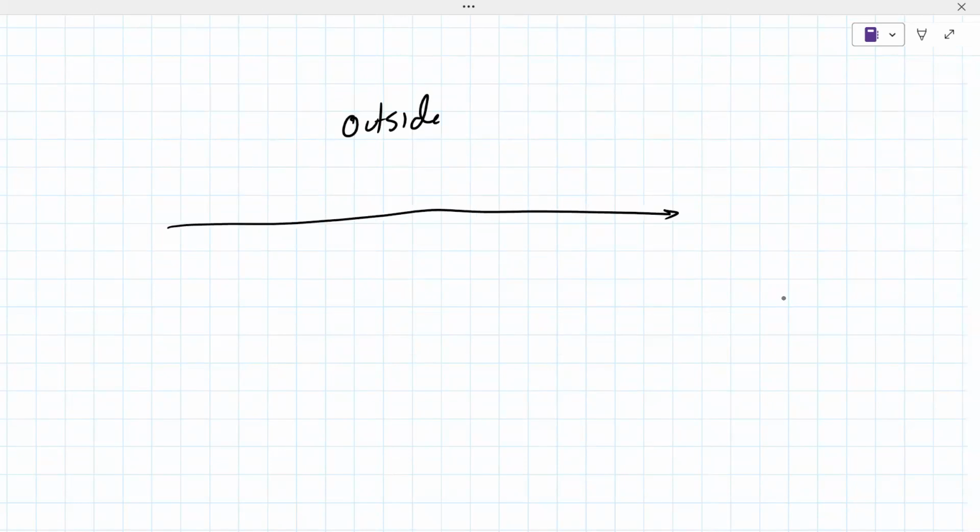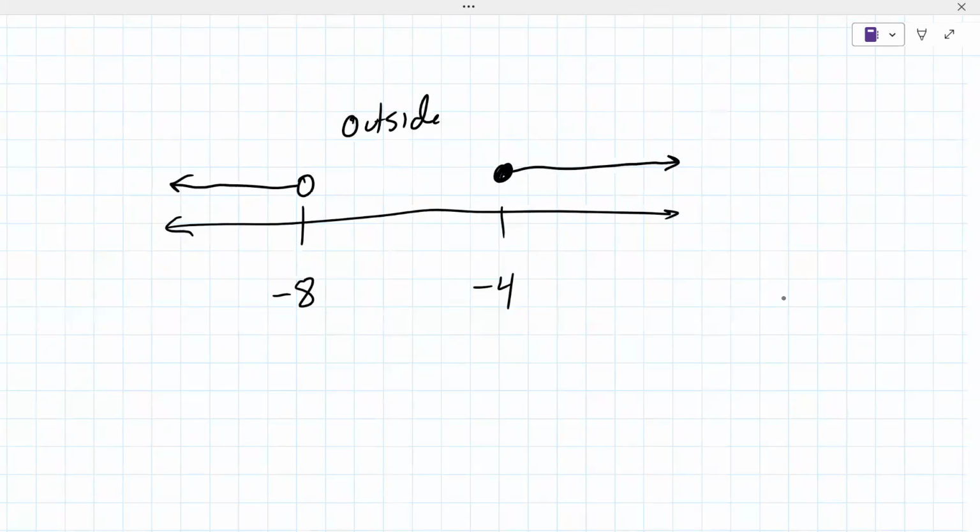The other possibility is what I call outside. So here's your number line. Let's say that's -8, and that's -4. And it could be to the left, and then it could be to the right. This is just the combination of the ones that you've already had, except you have to add a word in the middle, which is the word or.